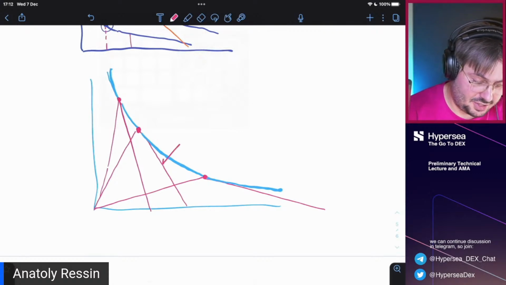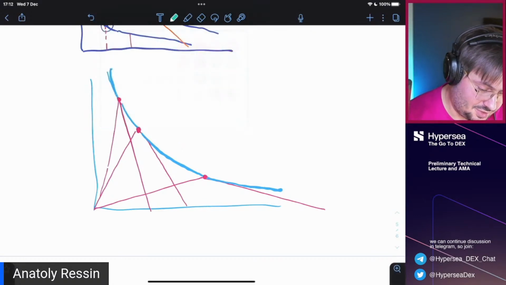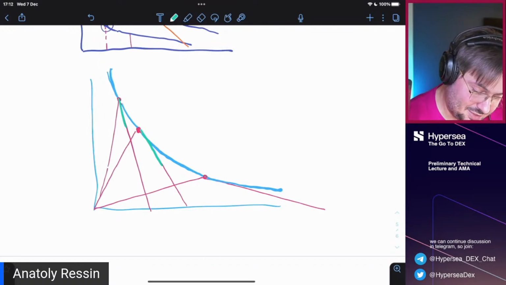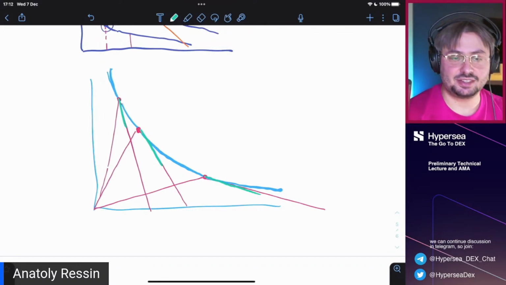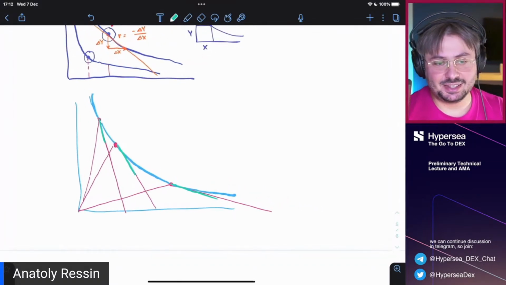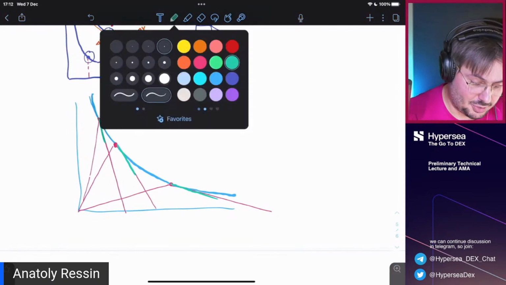The actual price is here, so this is the price, and this is the price, and this is the price. But it is interesting that this price can be easily calculated by just knowing your current reserves.